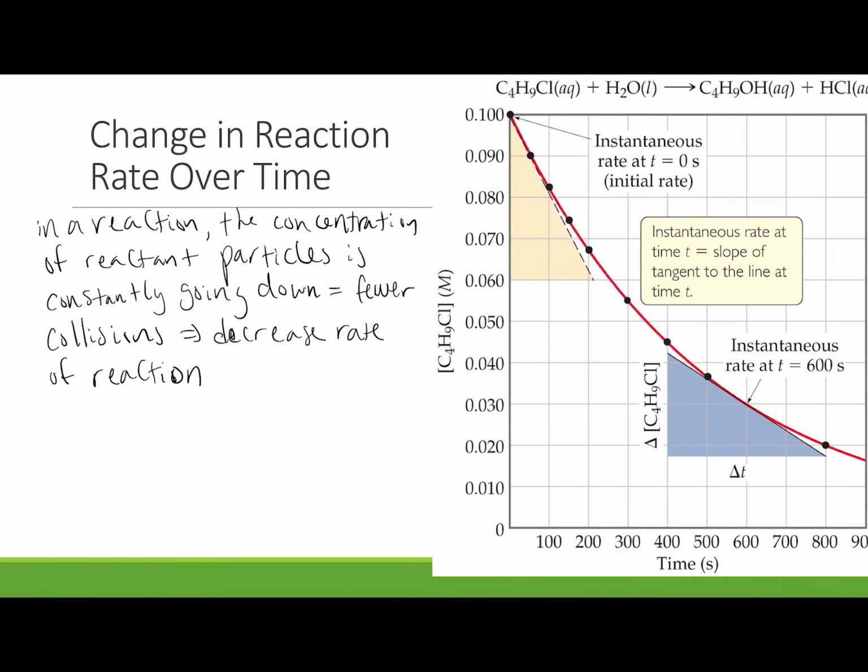Okay, so our rate will actually go down over time.